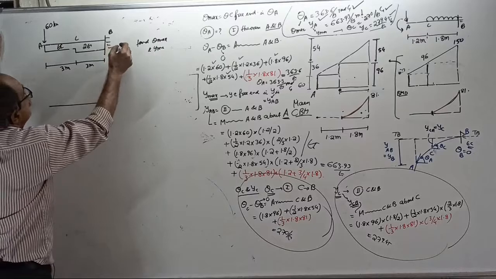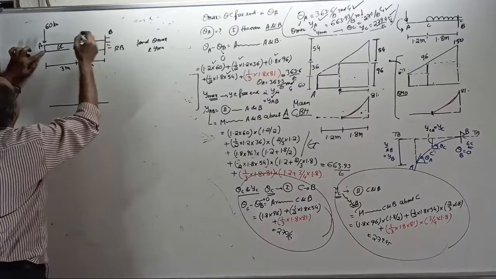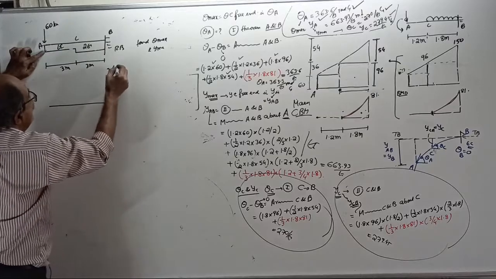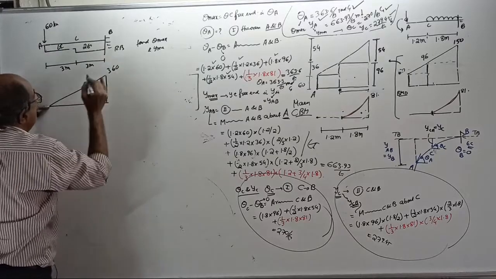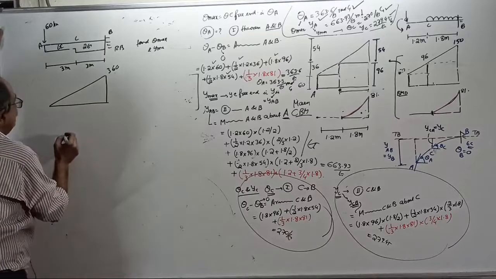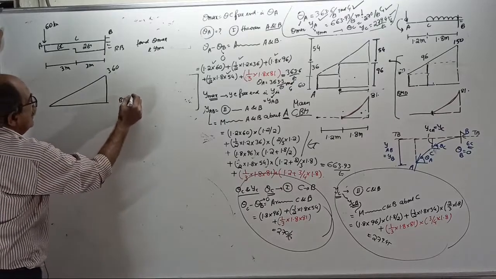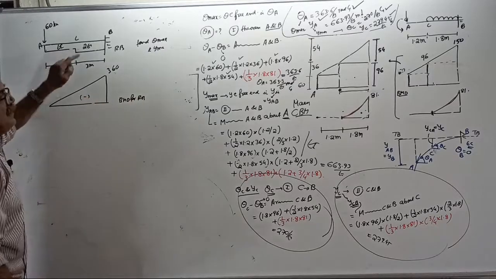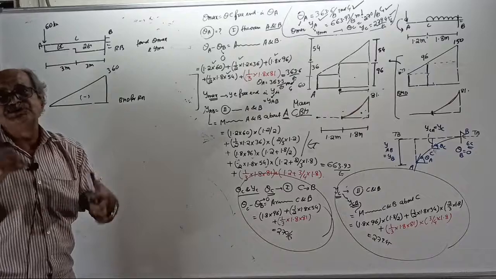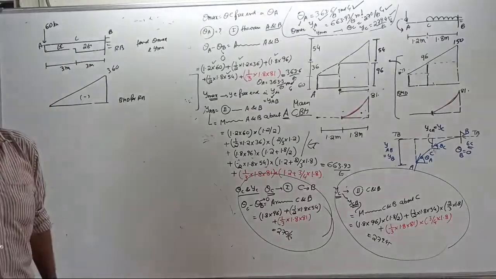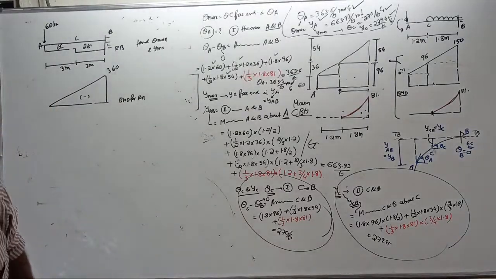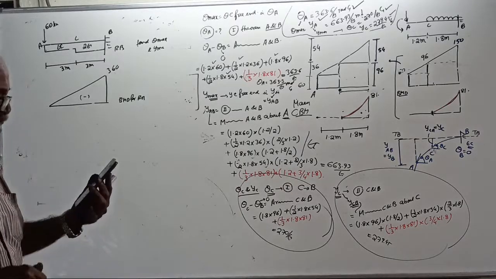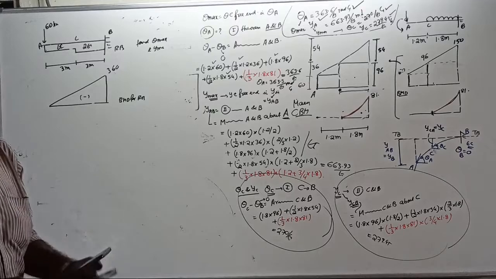Draw the bending moment diagram. This is the real beam. It is 0 here, and here 60 into 6, which is 360. It is a straight line. But unfortunately this is the BMD for the real beam, negative. If the change of EI were not there, this would not be a question, just one triangle, and the answer is WL square by 2 and WL cube by 3.